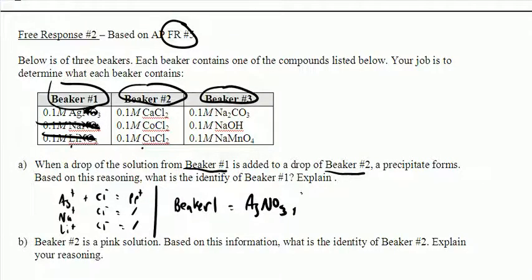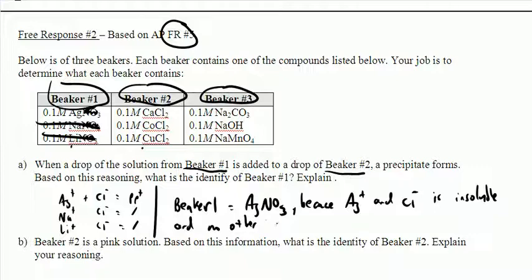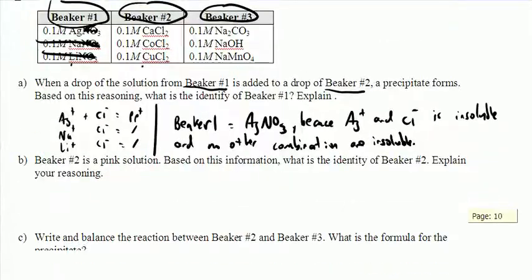AgNO3 because Ag+ and Cl- is insoluble and no other combinations are insoluble. Thus, AgNO3 must be the compound in beaker 1.